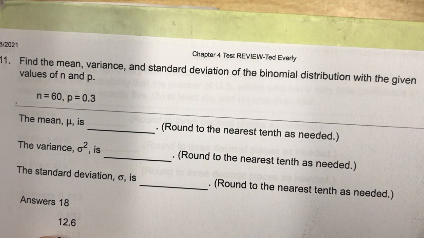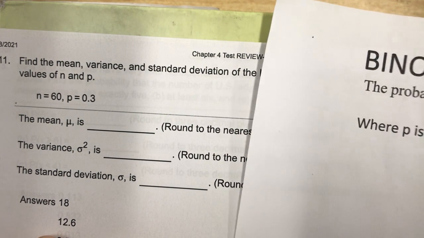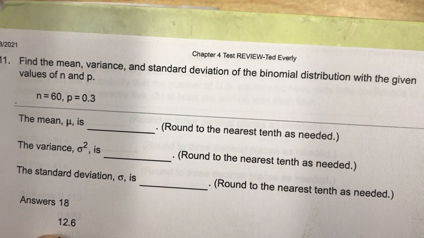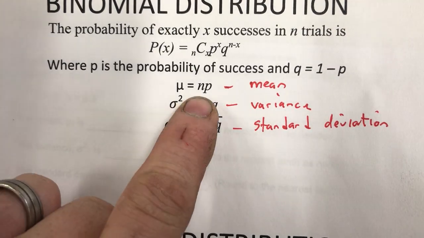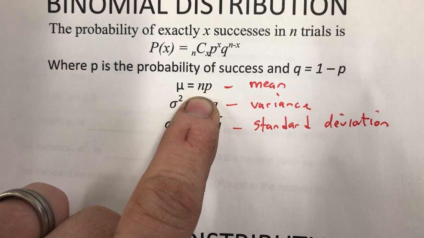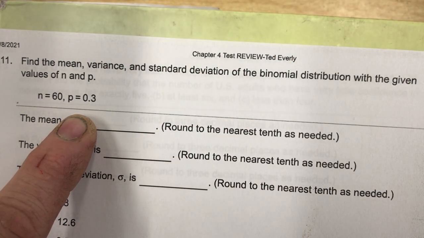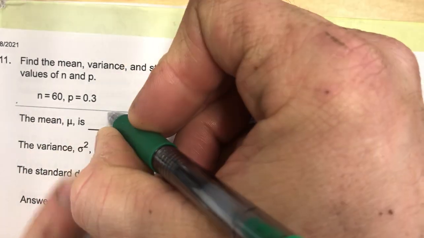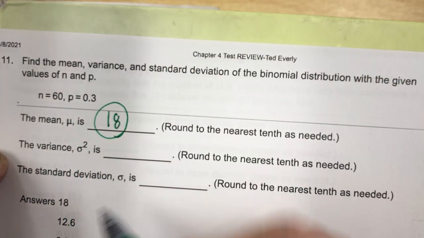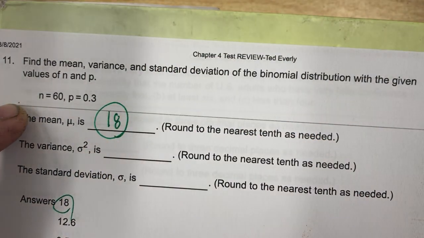It's just asking for the mean, so we don't have to find the probability. The mean is just n times p. Here's my n, there's my p, so I just multiply those two. When I do that, I get 18. And you see the answer down here.